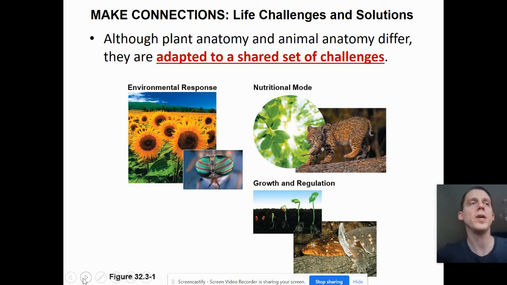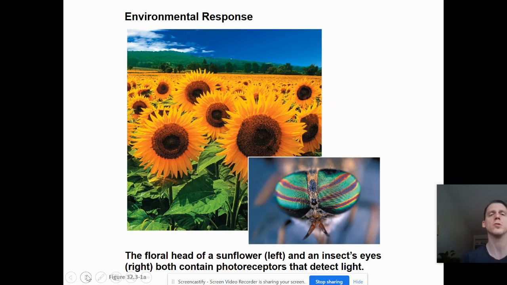Okay, so another thing that we need to be able to do is to make connections between different ideas. So here it says, although plant anatomy and animal anatomy are going to be different, they have adapted to a shared set of challenges. And let's look at what some of these challenges are so you can get an idea about these connections. So first of all, we have response to the environment.